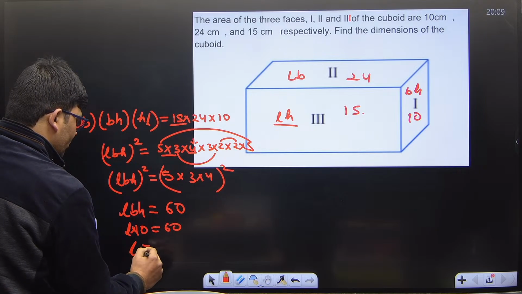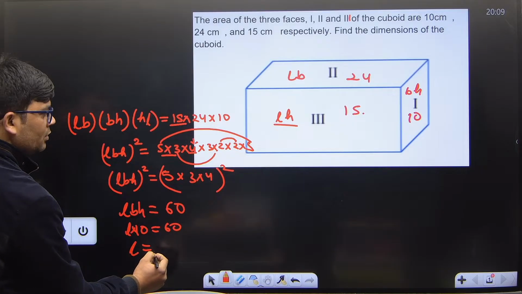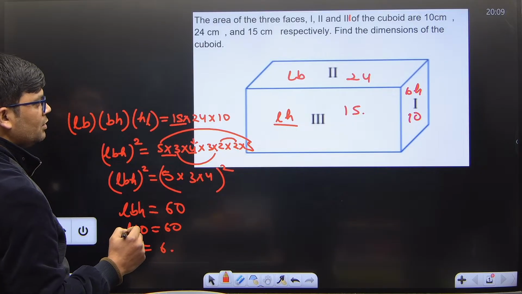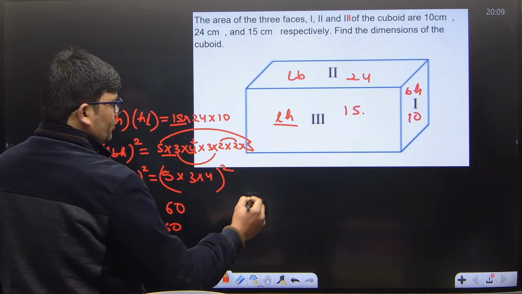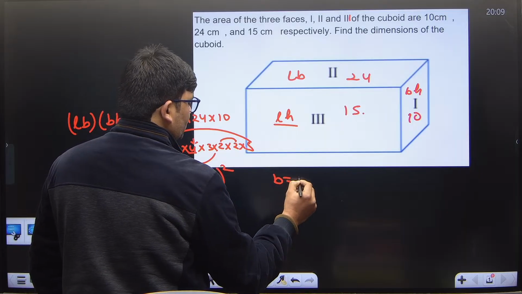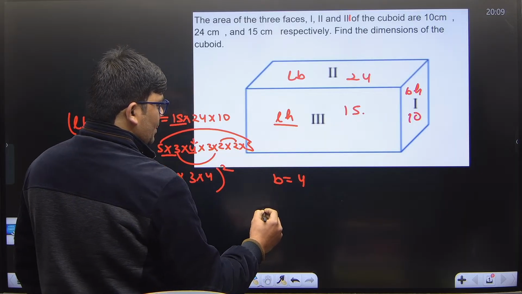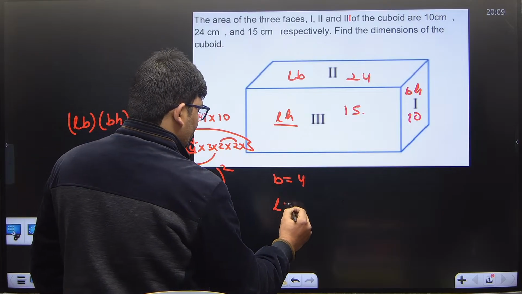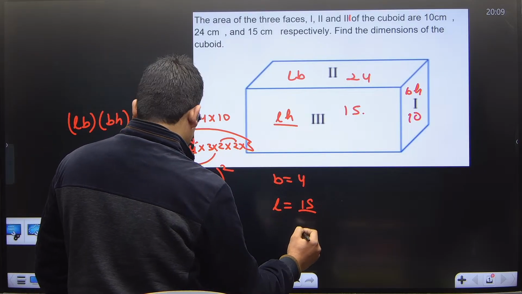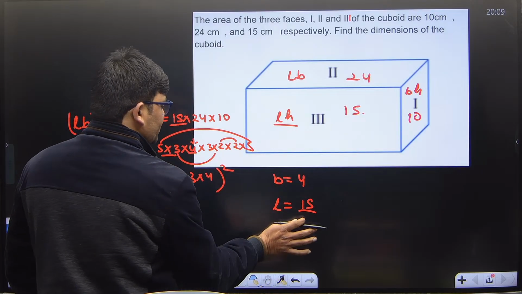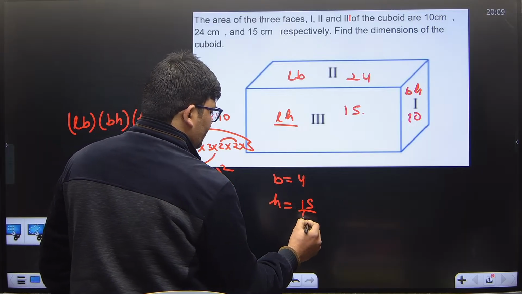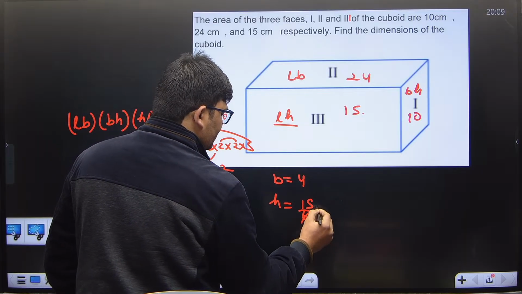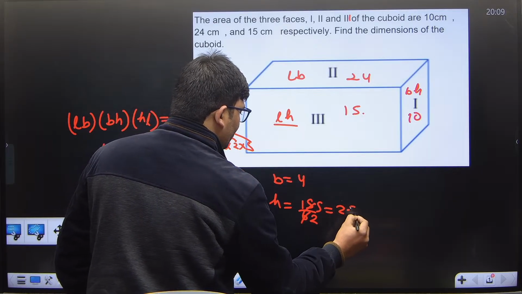So L is going to be 6, then B is going to be 4, and H is going to be 15 by 6, 3 times 5 by 3 times 2, which is 2.5.